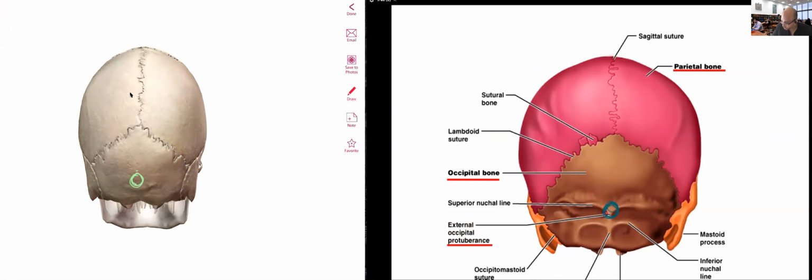It's protruding to the outside of the occipital bone.